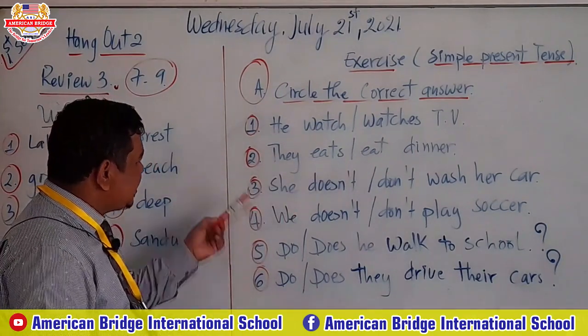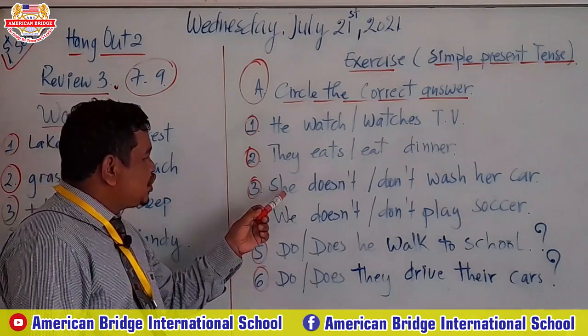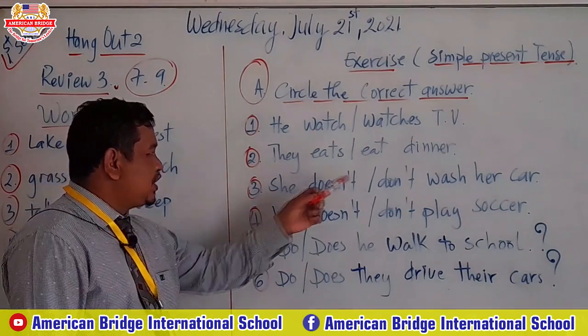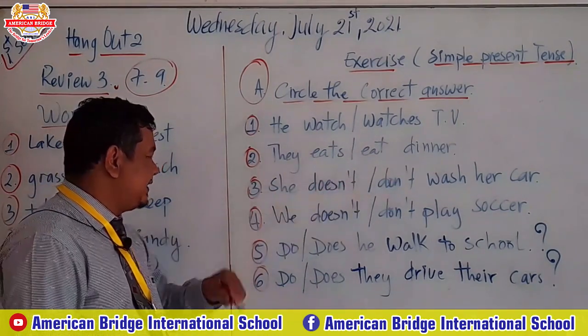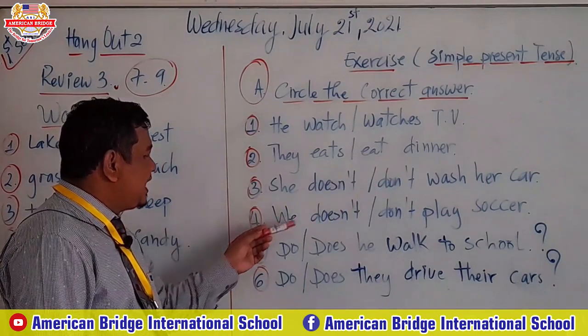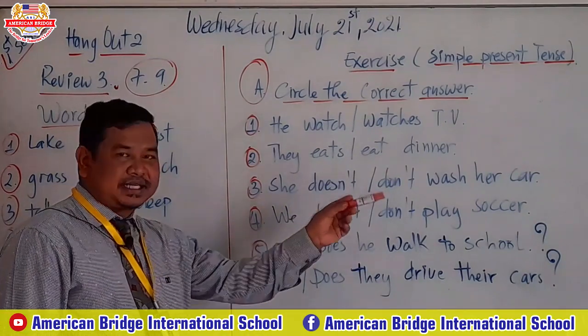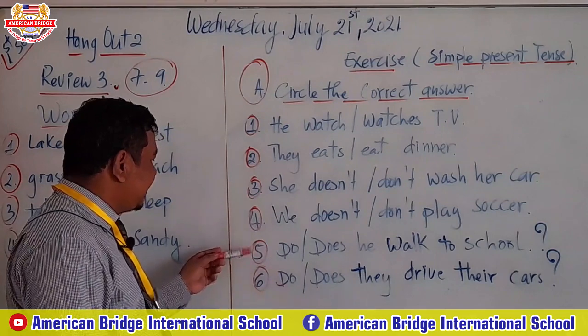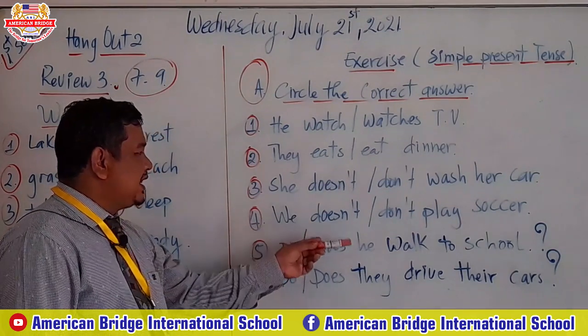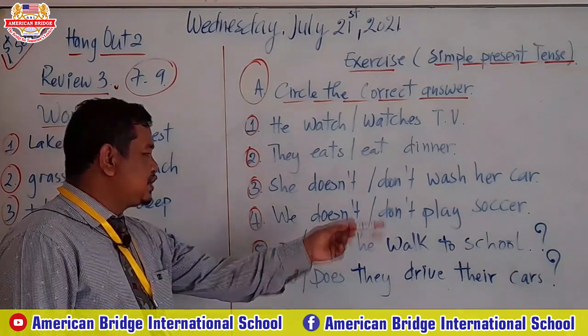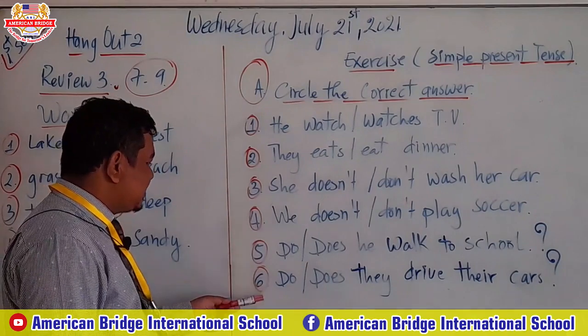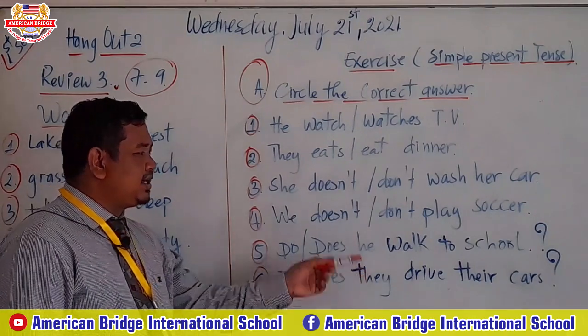And number 3, as you can see, she don't wash her car. Number 4, we don't play soccer. Number 5, does he walk to school. Number 6, does they drive their car.